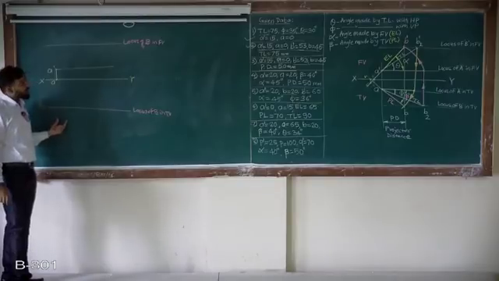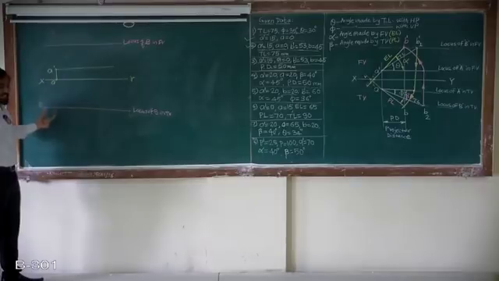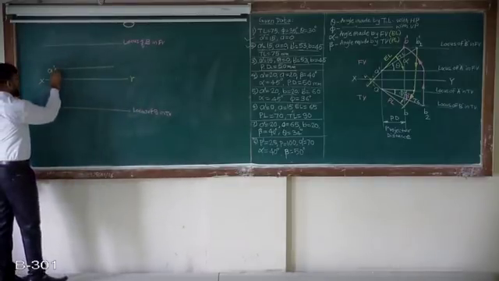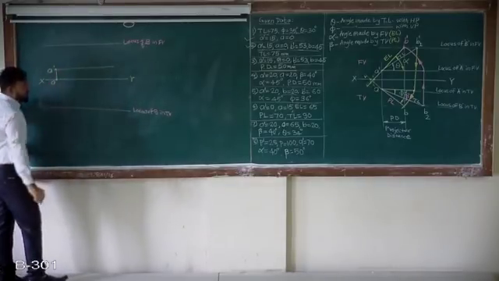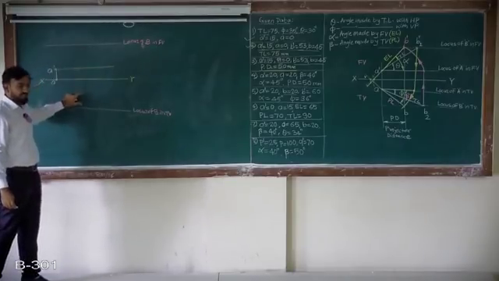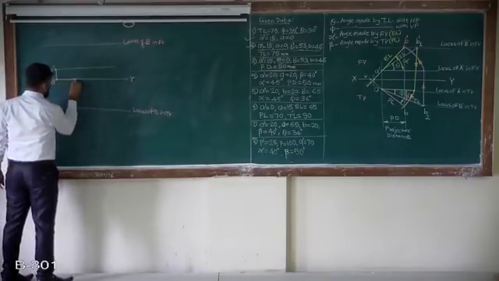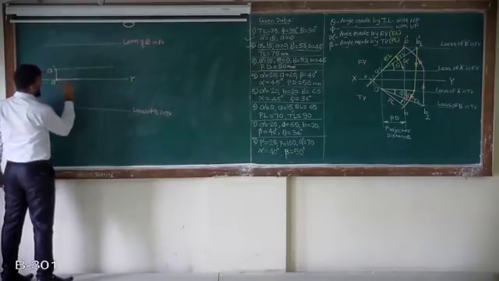The last parameter was true length, and in this question number 3 it is projector distance. So A dash, A, and the locus of B in front and top view, I know: this is 53 and this is 45.